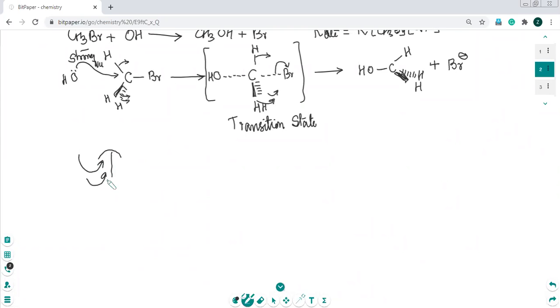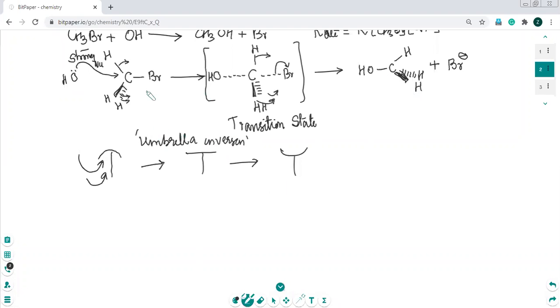What will happen? The umbrella becomes like this initially, and then it goes to the opposite side. So this is what we call umbrella inversion. Very similarly, this molecule will get inverted here.